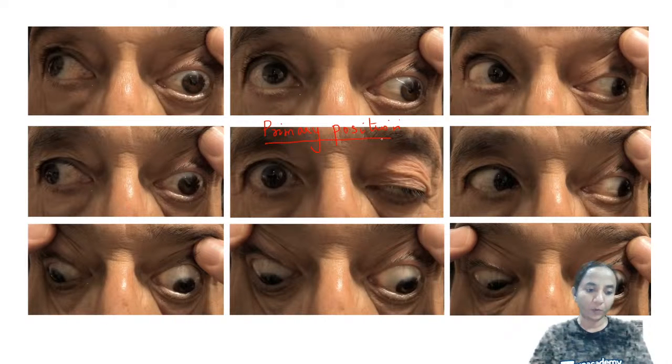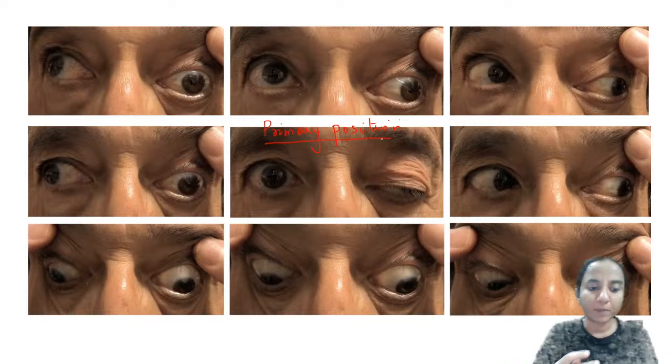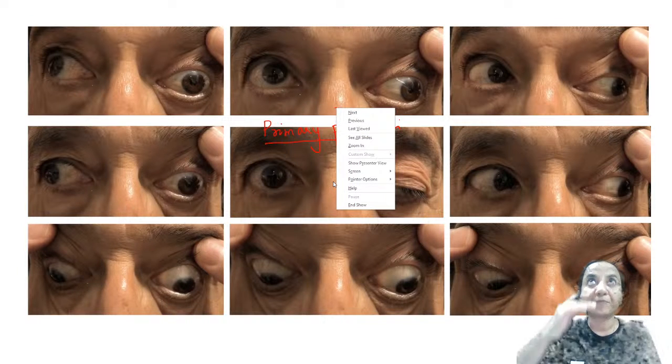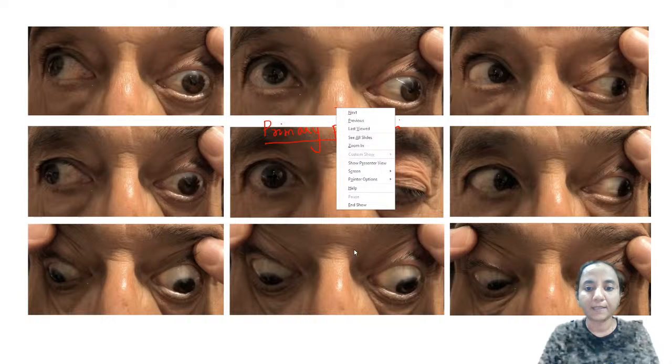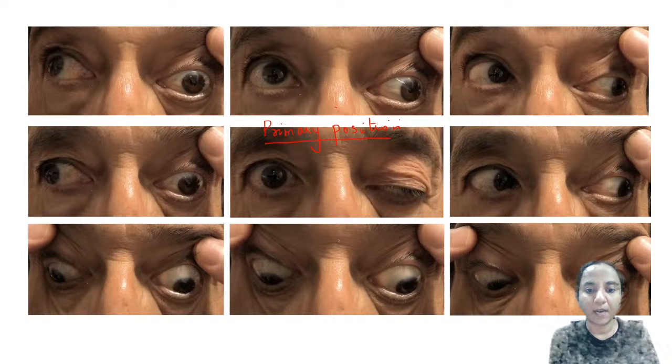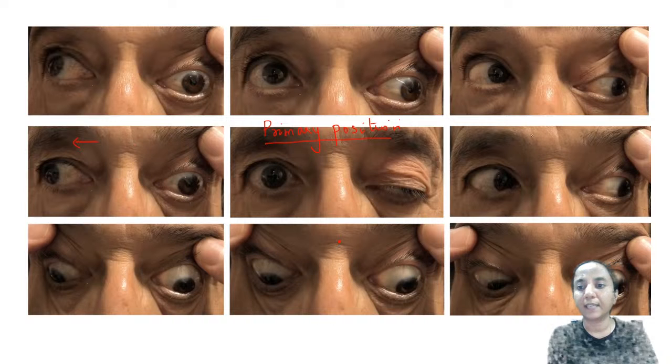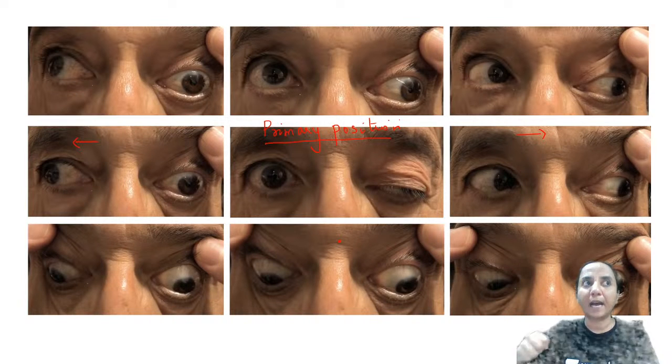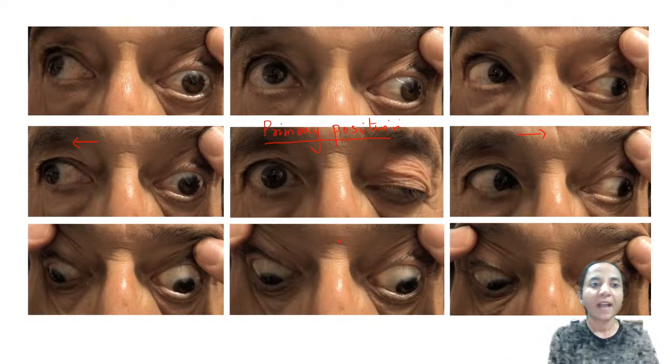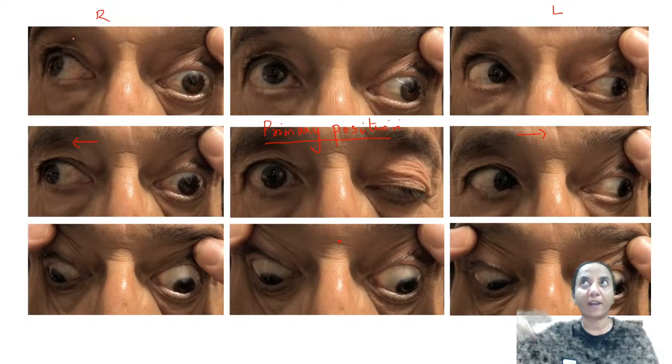And of course, from common sense, you can understand that this is when the person looks up, this is the patient in up gaze, this is the patient in down gaze, and this is when the patient is looking to this side. Patient looks up, down, this way, this way. For example, this is right and this is left, so this is when the patient is looking up and right like this.